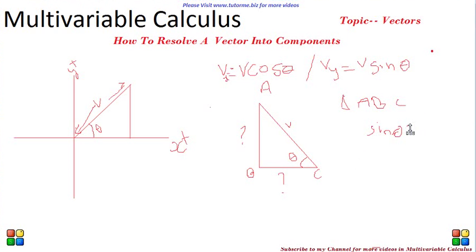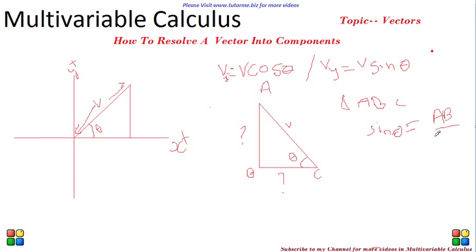Sine theta is perpendicular over hypotenuse. So we have AB over AC.